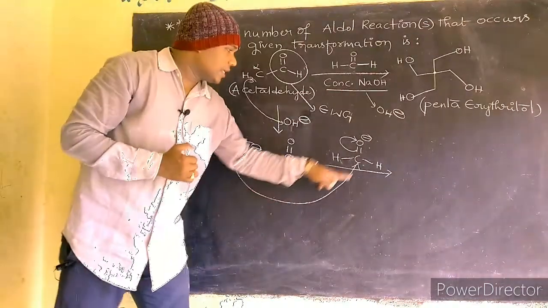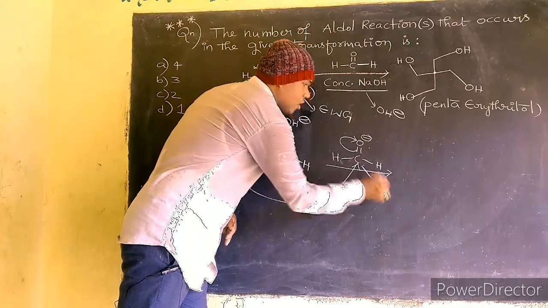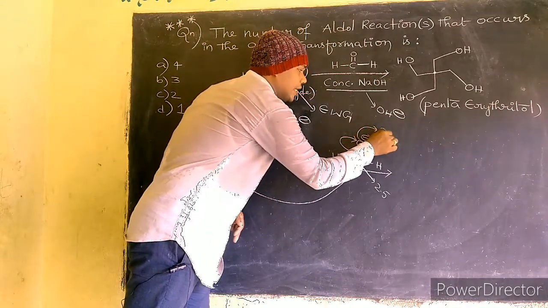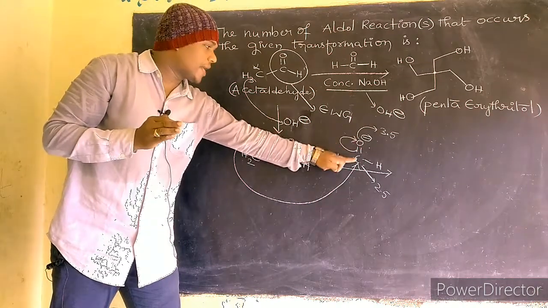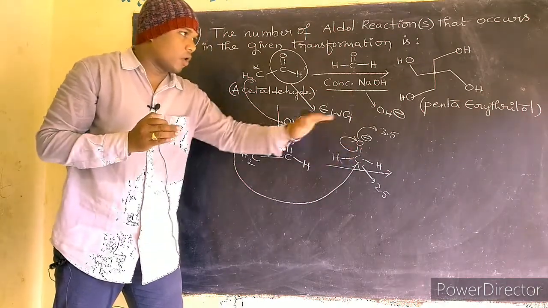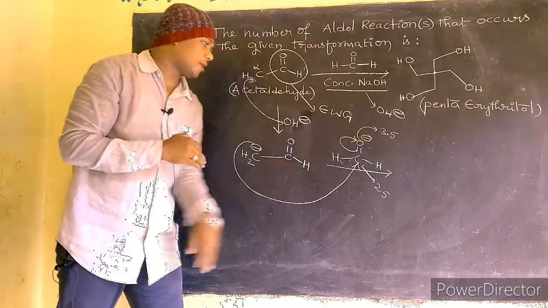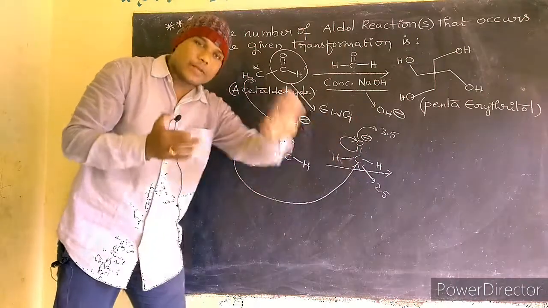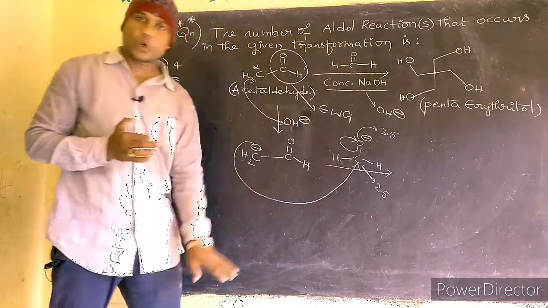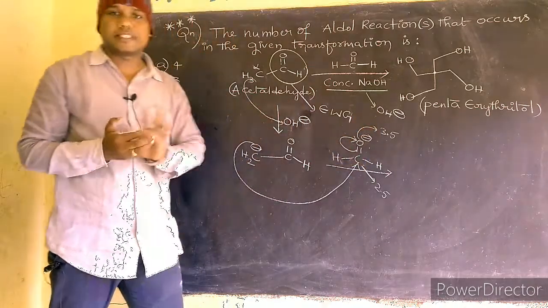Why? Because carbon has electronegativity 2.5 and oxygen has electronegativity 3.5, so oxygen is more electronegative compared to carbon. Oxygen always tries to take electron density towards itself from carbon, so this carbon carries a positive charge, and that positive charge is stabilized by this negative charge. Okay, now the negative charge remains at oxygen.